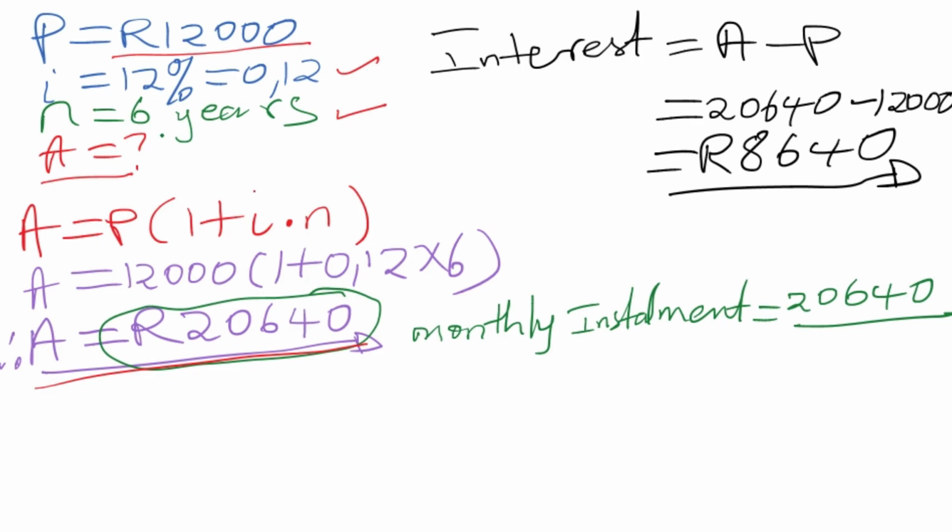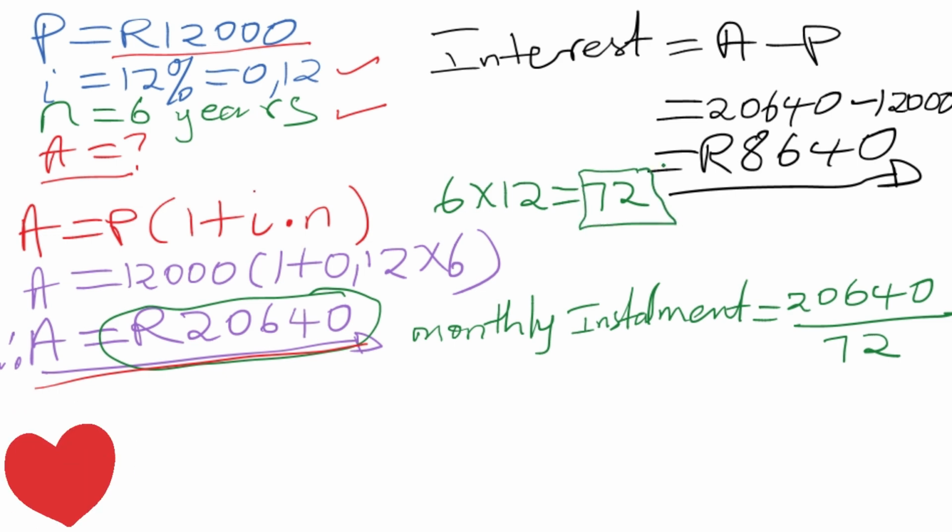Now in 6 years, in order for us to get the number of months, we will say 6 multiplied by 12, and that will give us 72. So we have 72 months in 6 years.